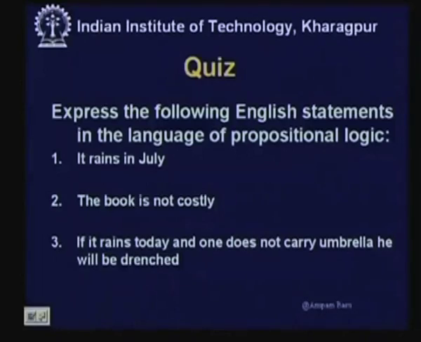I do not know whether you've been able to take down the earlier one. Also take it down. In the first one, we want you to first translate these into the language of propositional logic. Just follow the syntax and transform them. The second one, the book is not costly. If it rains today and one does not carry umbrella, he will be drenched.